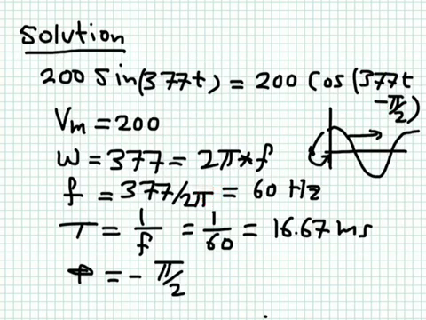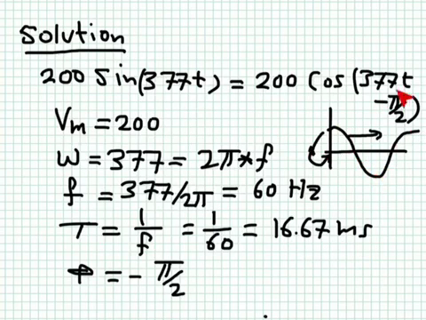Because this whole thing is in radians per second, you divide 377 by almost 6 point something, and you get 60 hertz. If you want the periodic time, or the period, of this sinusoidal signal, it is the inverse of the frequency, so it's 1 over 60. This means it takes 16.67 milliseconds to complete one cycle in the time domain.